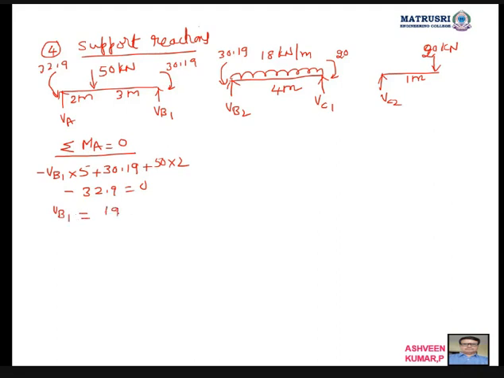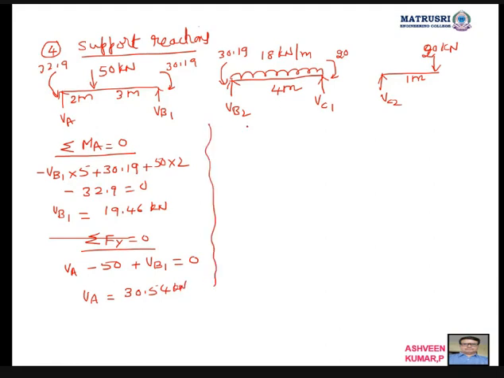I got 19.46 kilonewton. Then sigma Fy is equal to 0: VA minus 50 plus VB1 is equal to 0. Substitute the value of VB1, we get VA is equal to 30.54 kilonewton. This is over.